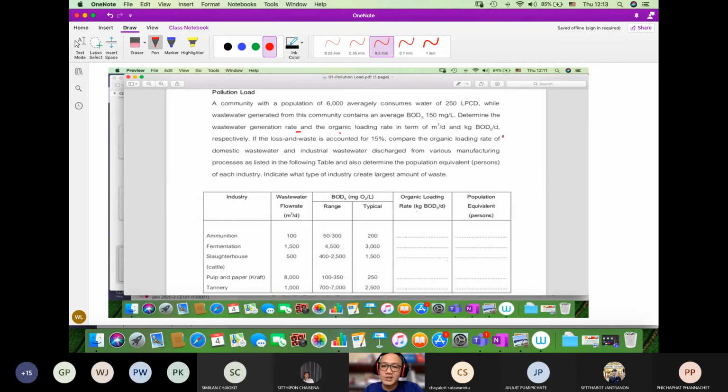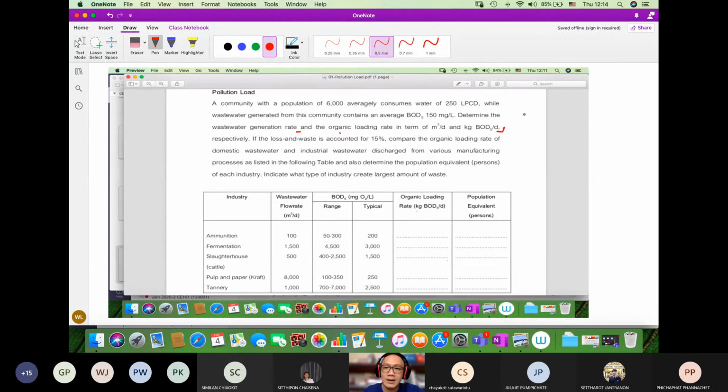The population is 6,000 and each individual person consumes 250 liters per capita per day. The wastewater generated from this community contains an average BOD of 150 milligrams per liter. Answer the first question here.